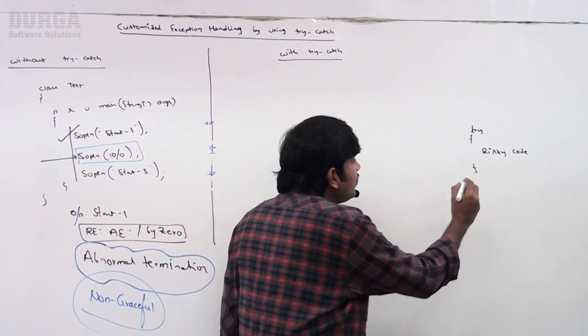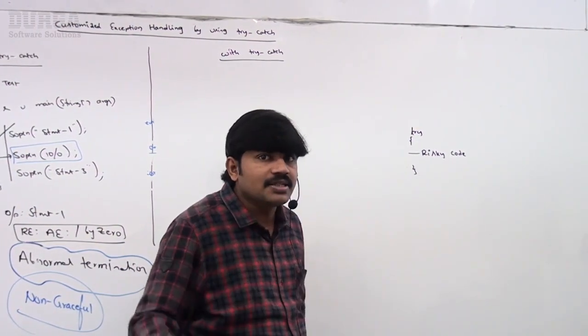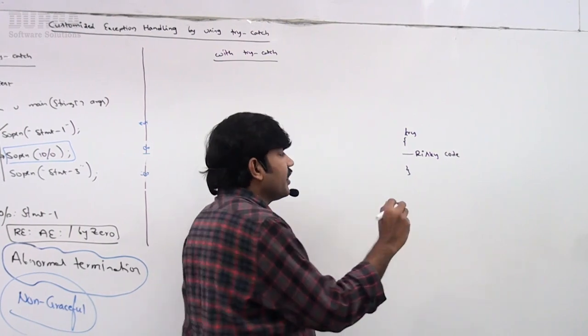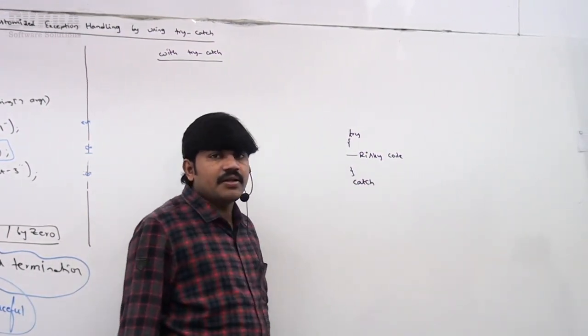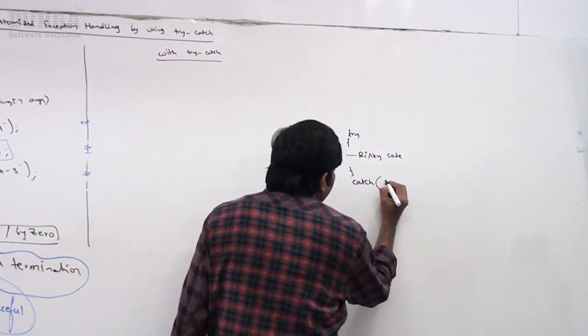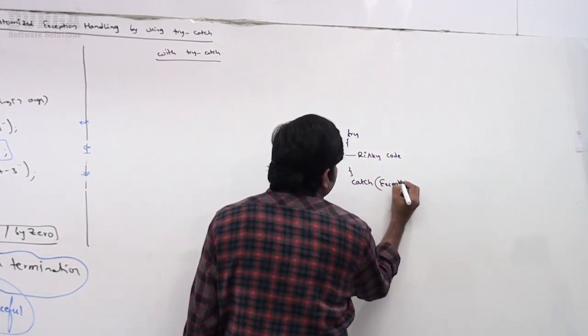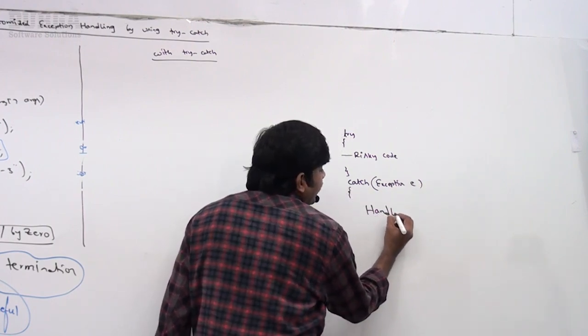Next, in this risky code, if any exception is raised, we have to take the corresponding handling code inside the catch block. Here, in the catch block, we have to write the handling code.